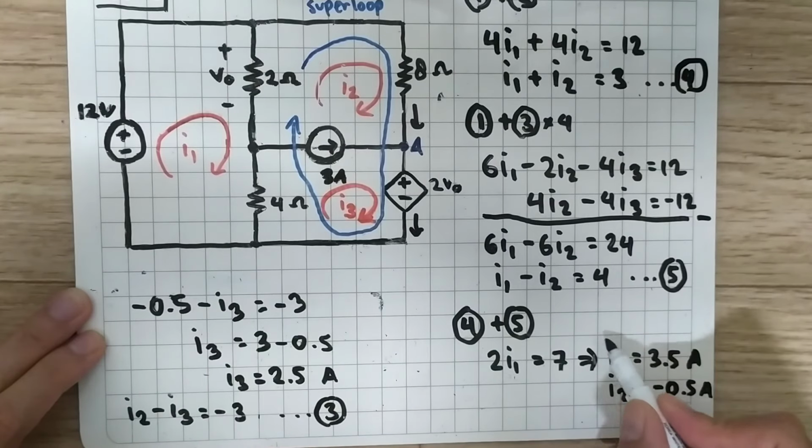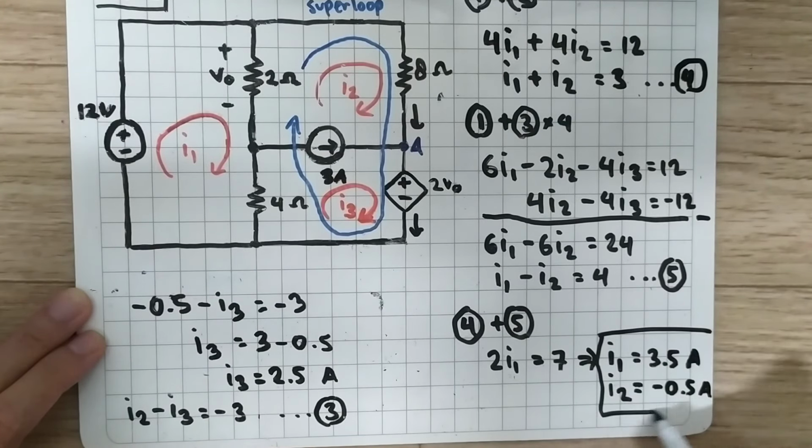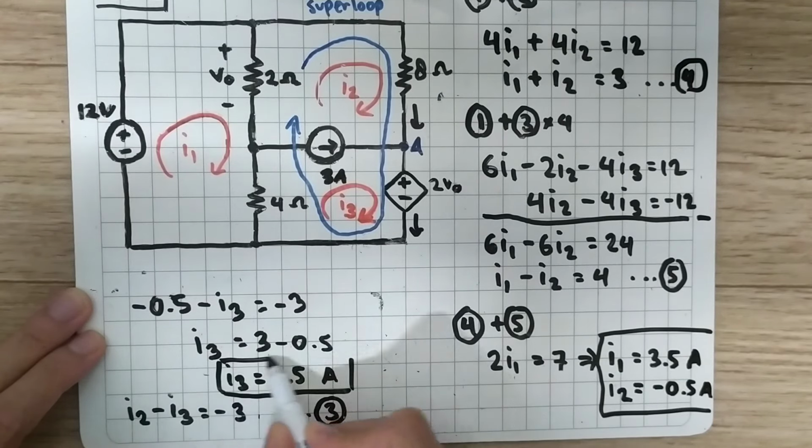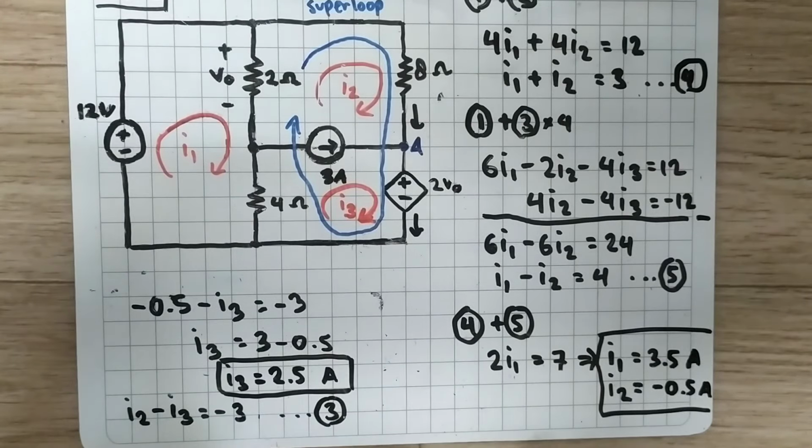So I have I1 and I2 is this, and I3 is this, and hopefully I did not make any mistakes in the calculation. So we solved this, and thank you for watching.